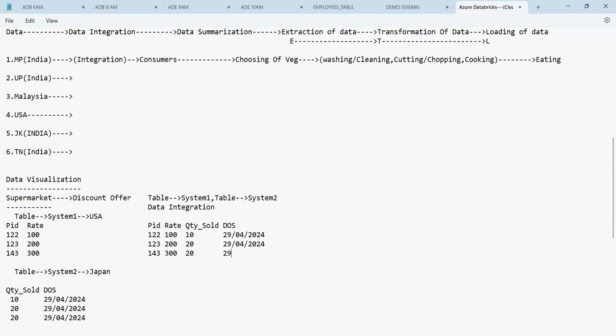Date of sales is 29/04/2024. This is the data you have.